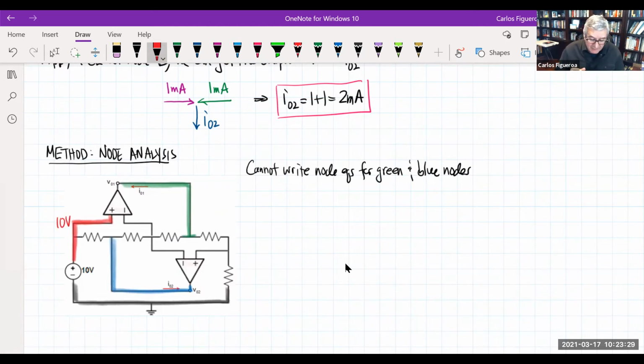So this is my O1 node, and this guy here is my O2 node. So looking at these nodes, the unknown nodes are only 2.